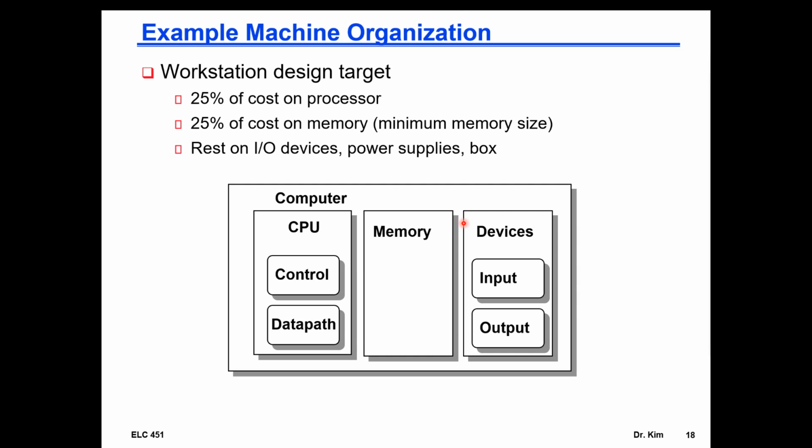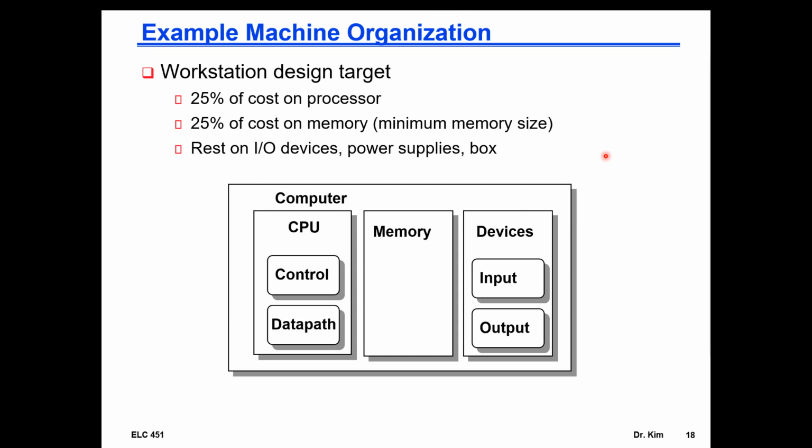Now this is a budget based on heuristics that you can use just to give you an idea. If you're going to design some type of computing device, 25% is for the processor. So like, if you buy a Dell laptop, 25% is for that processor module, and it may not be just a chip.